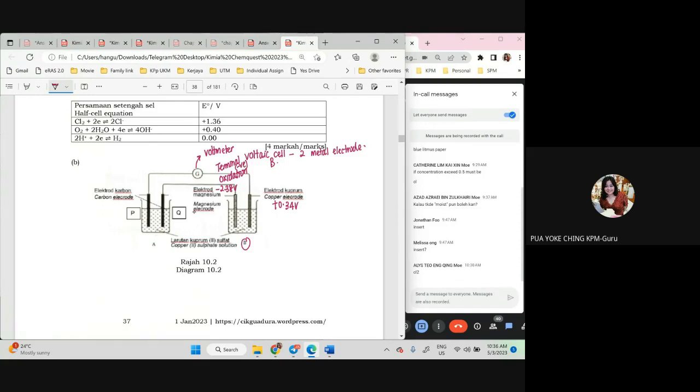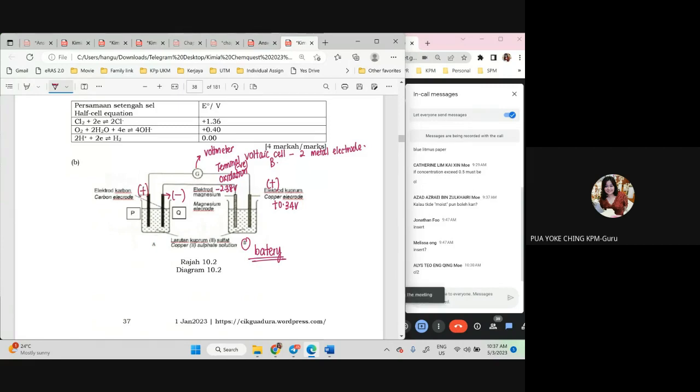So sambung ke sebelah. Q ini ialah negatif. Sebab B adalah voltaic cell. So B actually adalah battery. Okay. So your B is actually your battery. So electrode copper ini ialah yang positif. So sambung ke sana. P ialah positif.